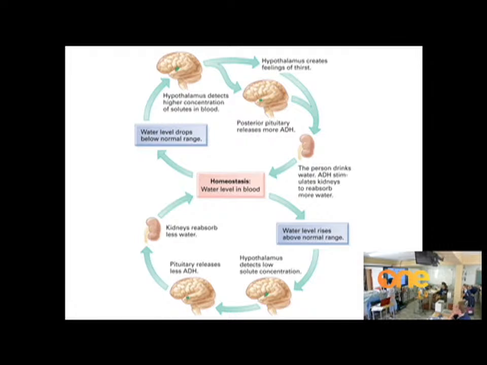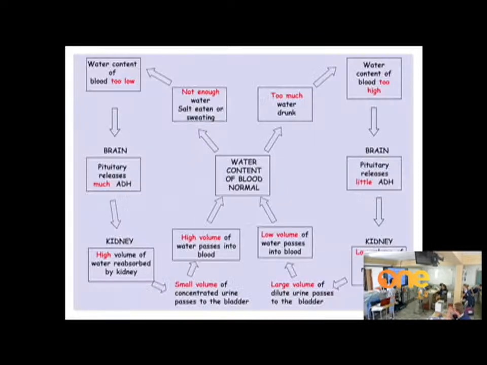Okay. Now, this is how we see the regulation of the water levels by a hormone. So, here we have the little story again. If the water content of the blood is normal, it will stay like that.